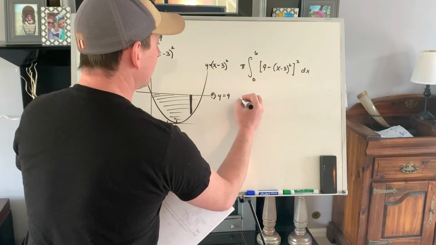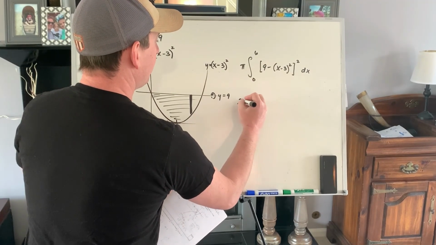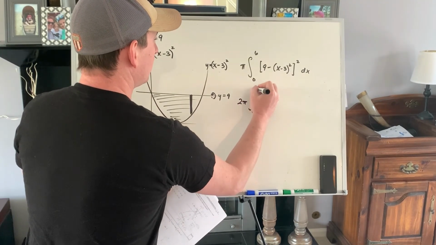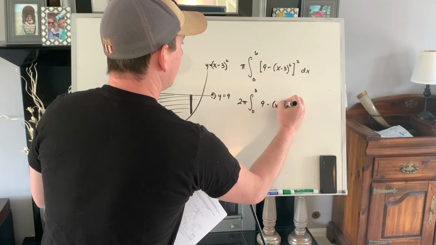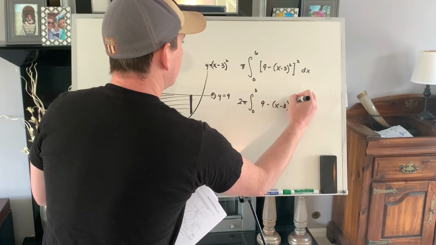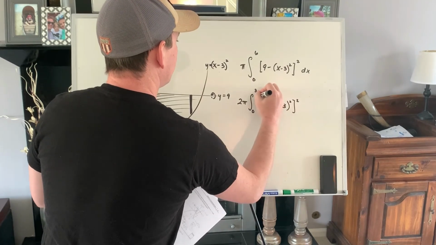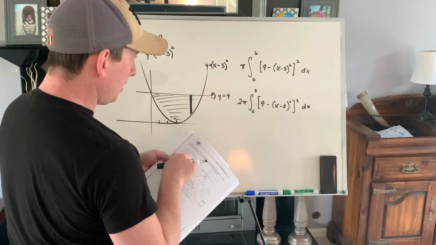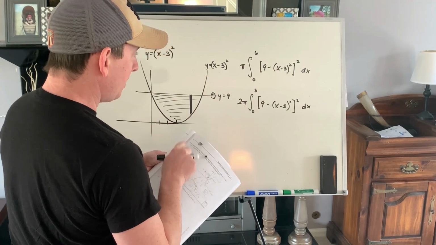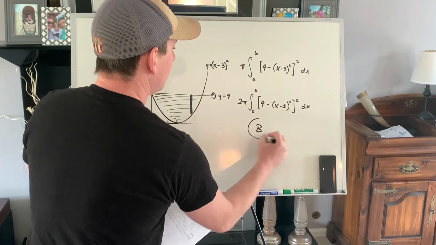So that's why you see some answers with 2 pi. So let's just go from 0 to 3 of the exact same thing. And now, 2 pi, now we have B. There you go.